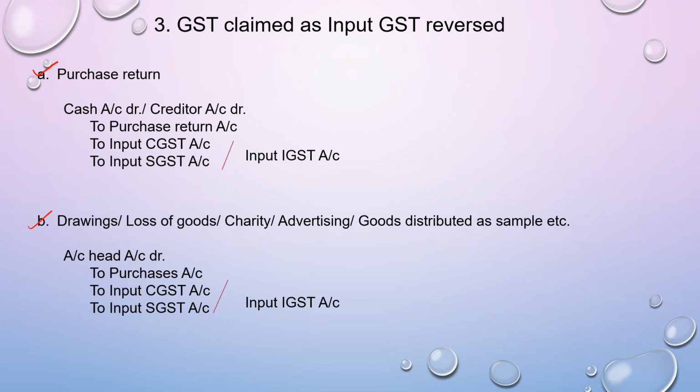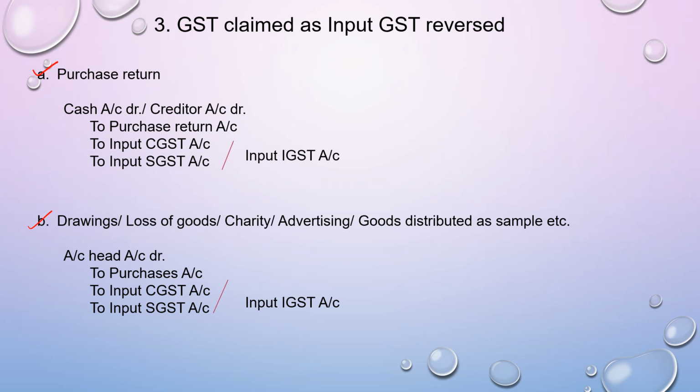Or in other cases, like if it's loss of goods, we debit the loss of goods account. If it's charity, we debit it to charity account. If it is related to distribution as free sample or advertising, we debit it to advertising account. In those cases, also you're reversing the GST associated with those portion of goods which is no longer available, which is not going to be sold and output GST collected on that.